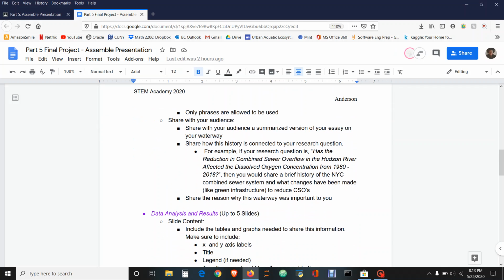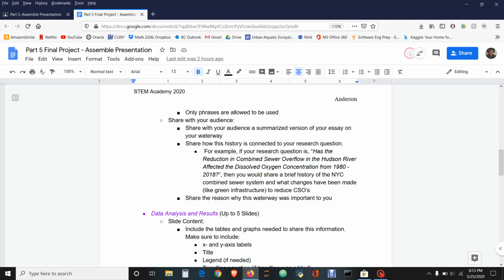So what do you share with your audience? Like I said, it's a summarized version of your essay, and also how the history of your waterway connects to your research question. And I give this example, which extends the previous example in the title section, for the relationship between CSOs and the Hudson River and dissolved oxygen.